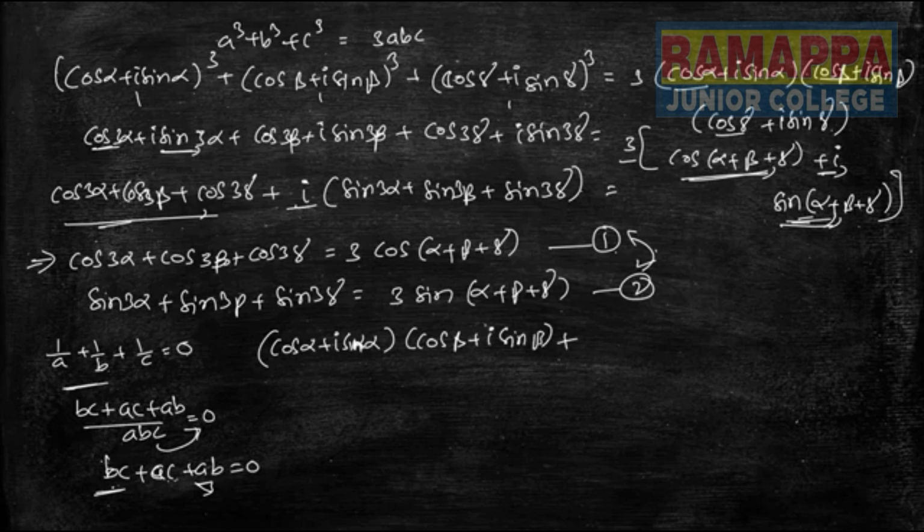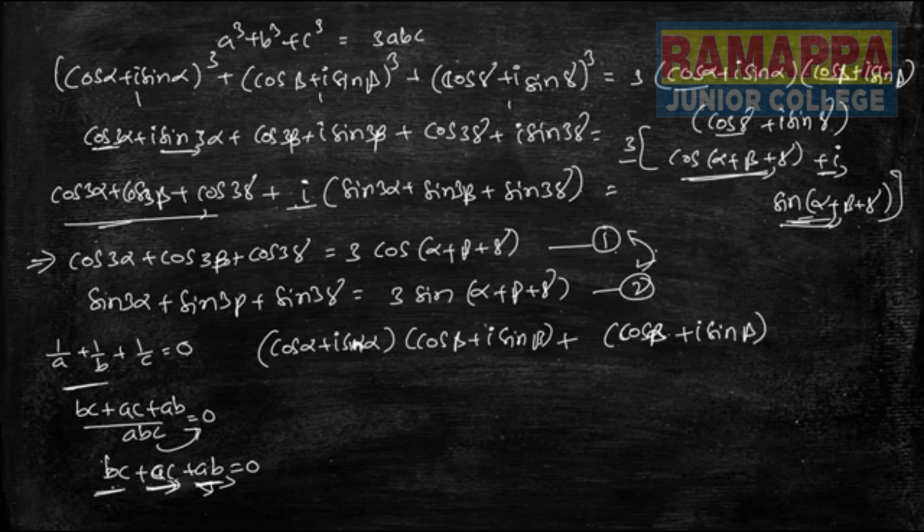Here a is equal to cos alpha plus i sin alpha. I am doing ab, then ac and bc.